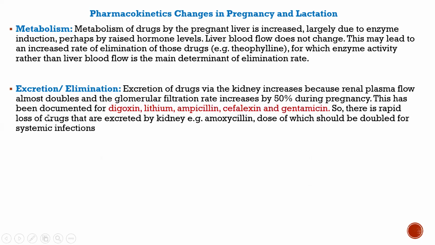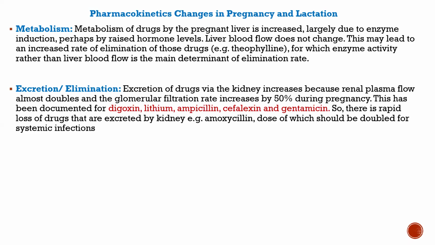All right, so let's look at metabolism. Metabolism of drugs by the pregnant liver is increased due to large enzyme induction, perhaps by raised hormonal levels, because a lot of hormones are being produced. The liver deals with the metabolic enzymes that help in metabolizing all these drugs, the xenobiotics.